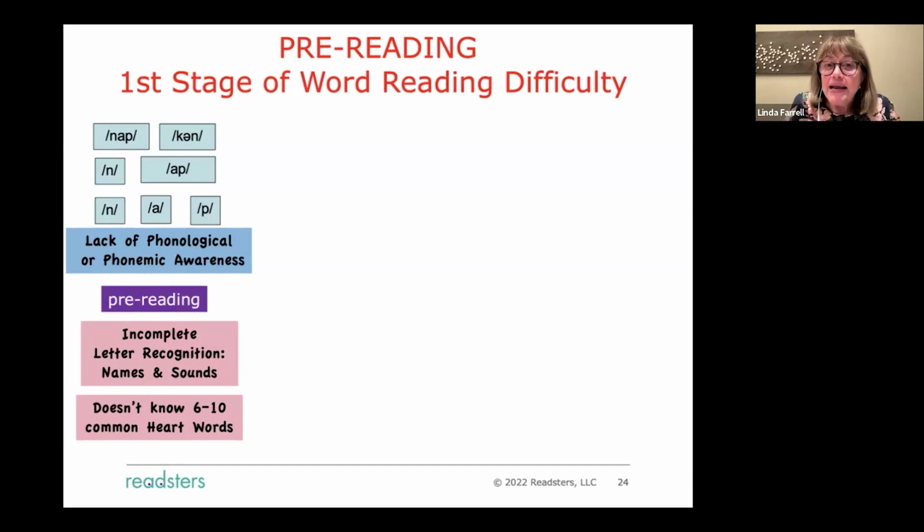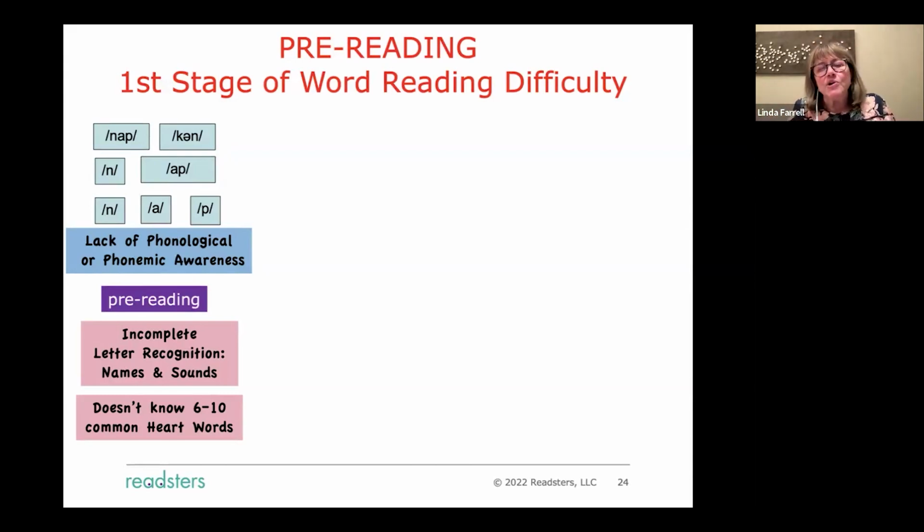Let's say Sam sat on the mat, that would be short A. Then I next teach short I. I am not going to move on from short I until the student is reading short A words with much more automaticity, meaning faster, so that they don't have to think about it, not word by word. We'll talk about that in a minute.